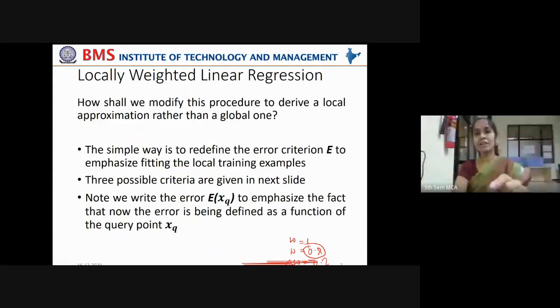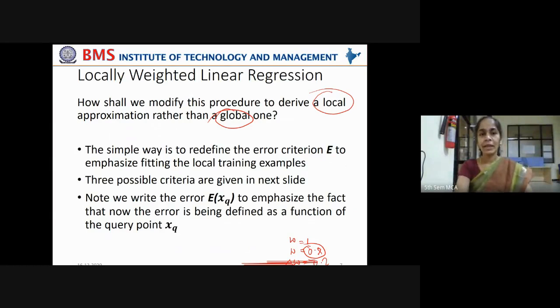Because instance-based learning uses each instance at a time to perform comparison. This learning doesn't happen on the entire training set at a time. It is based on each instance at a time. That is why you have to convert the global approach into a local approximation approach.